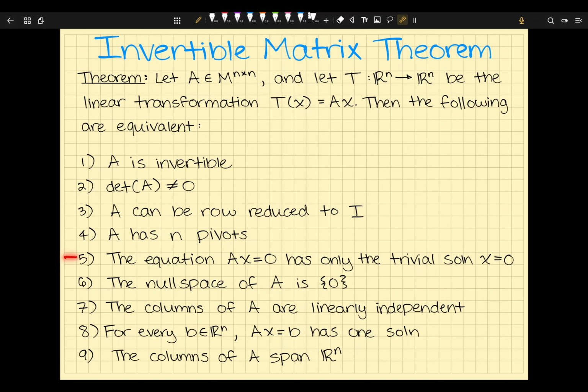To say that the equation Ax equals 0 has only the trivial solution x equals 0 is literally the same thing as saying that the null space of A is the set of just the zero vector. They're rewordings, so I don't know if they really deserve 2 spots in this theorem. A bunch of them are like this. So it's less information than you think.